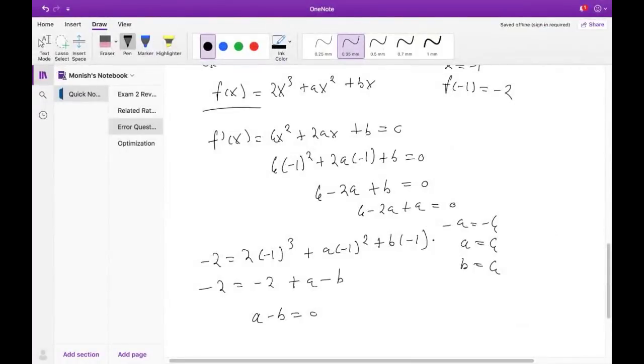Yeah, I'm getting A and B both equal 6. I haven't worked this one out, so if anybody gets something different, just let me know. But I think that's what it is.